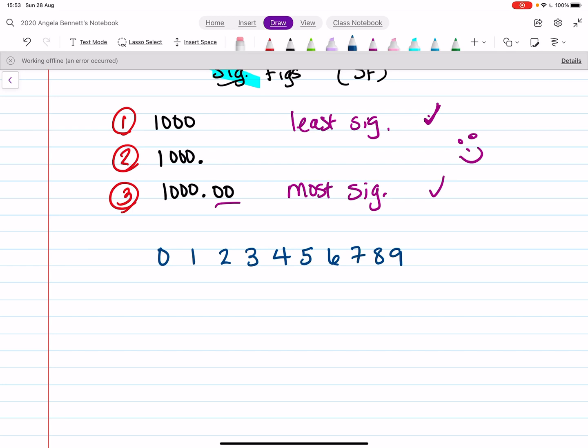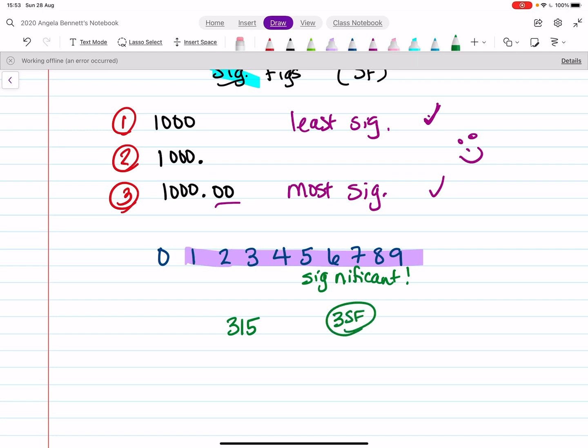Now the easy thing is, check this out. If your number is 1 through 9, then you are automatically significant right off the bat. So if I had a number like 315, there's a 3, a 1, and a 5. Those are my 3 digits. So all 3 are significant.